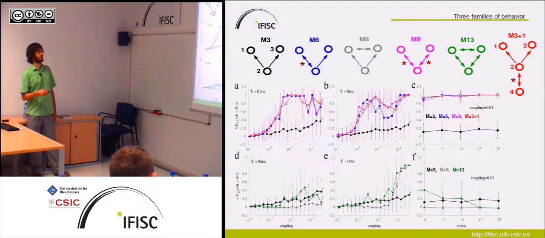And M13 is M9 plus this bidirectional connection between nodes 1 and 3. Compared with motif 3, they are very similar in the presence of delay, but in the absence of delay, if the coupling is sufficiently strong, motif 8 and motif 13 do synchronize at zero lag. So this occurs only if the delay is negligible.